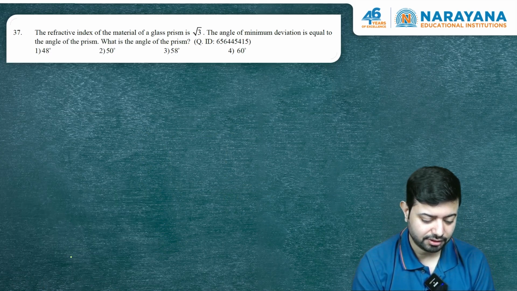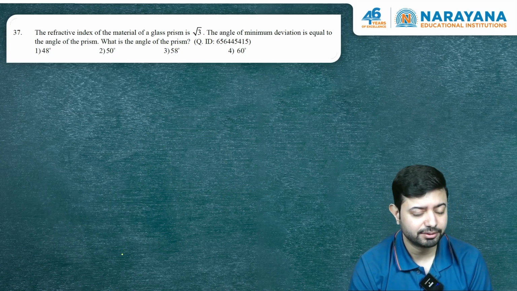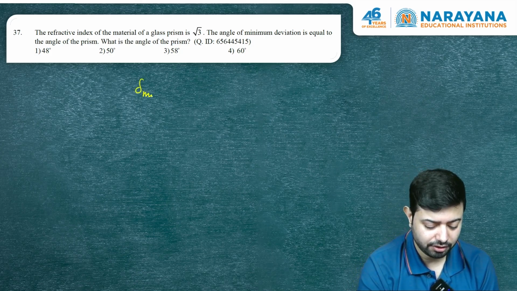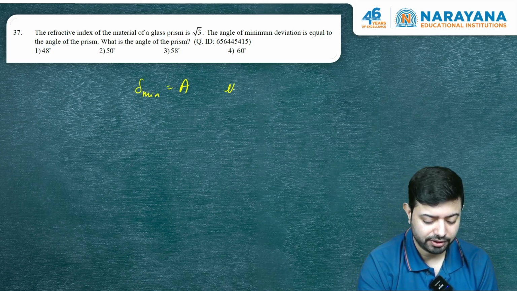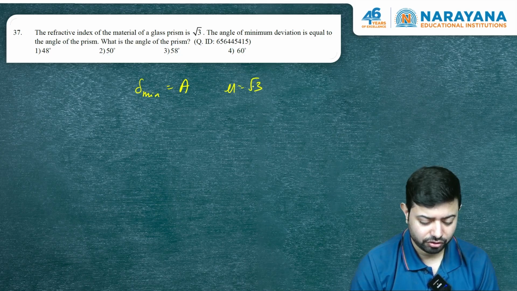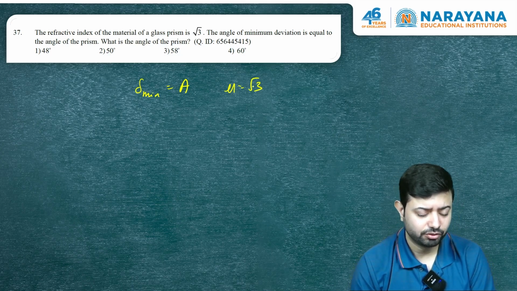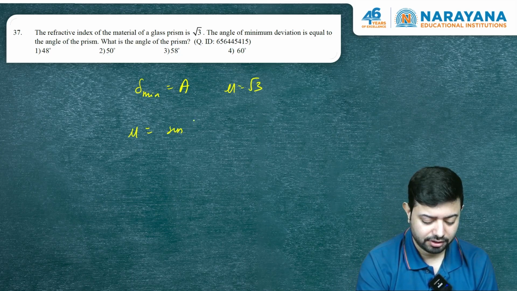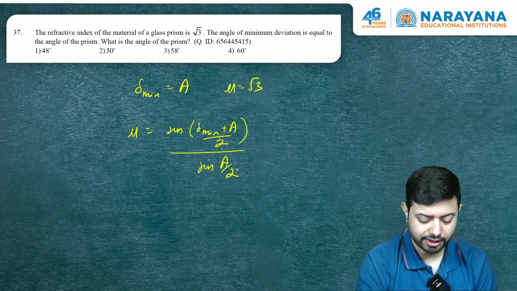Refractive index of internal material of the glass prism is √3. The angle of minimum deviation is equal to the angle of prism and refractive index is √3. So, you need a formula, the refractive index formula with minimum deviation: sin of (minimum deviation plus A) by 2 divided by sin A by 2.